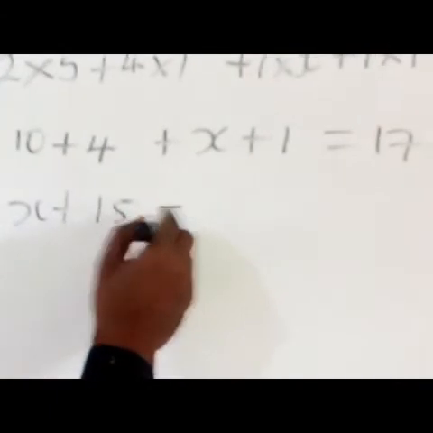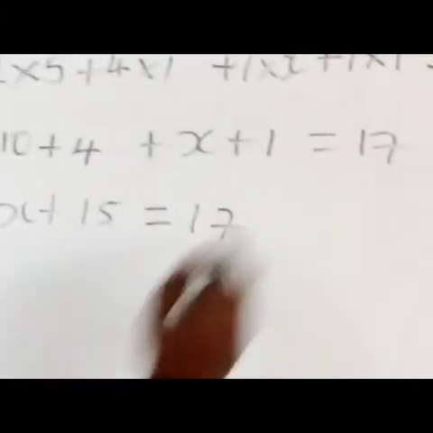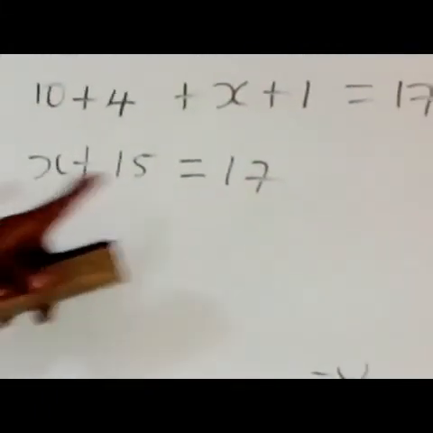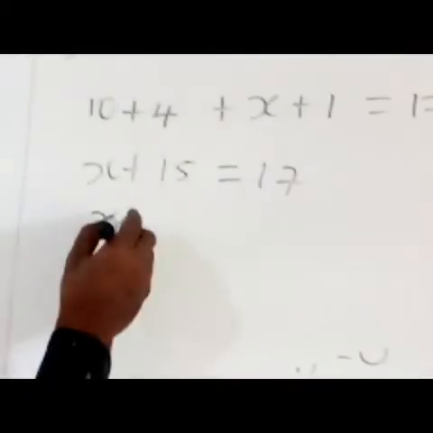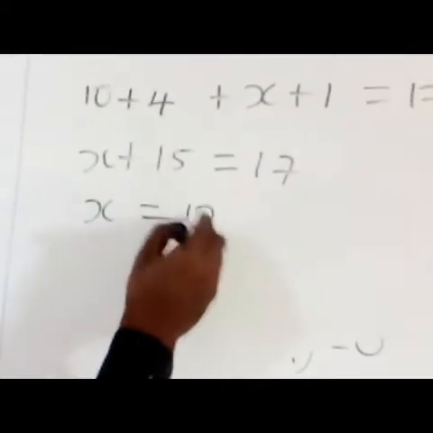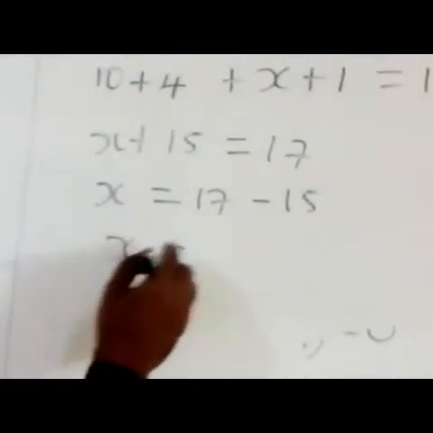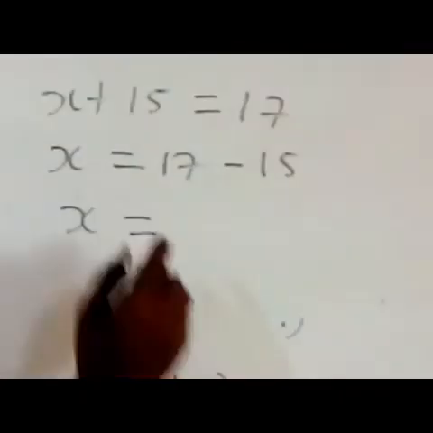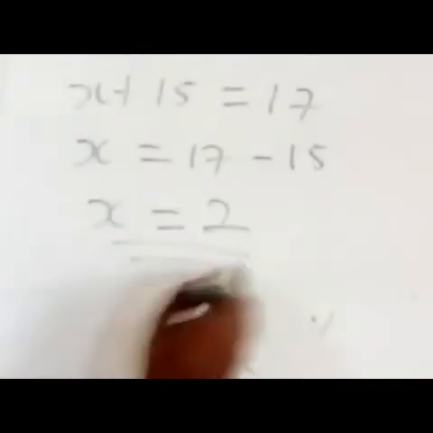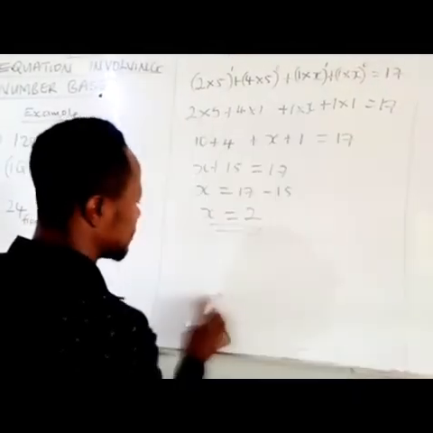And 14 plus 1 gives us what? 15. Is equal to what? 17. So since you are looking out for x, we transpose. x is equal to, we take 17, 15 is going minus. So x here is equal to 17 minus 15, we get what? 2. So that's the value for x in this question.